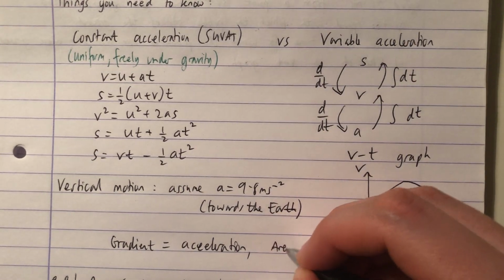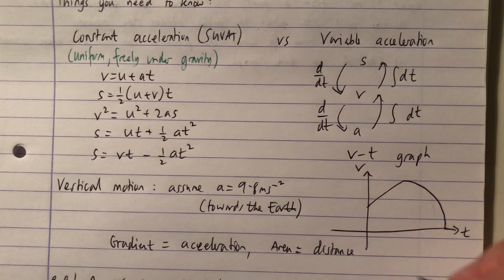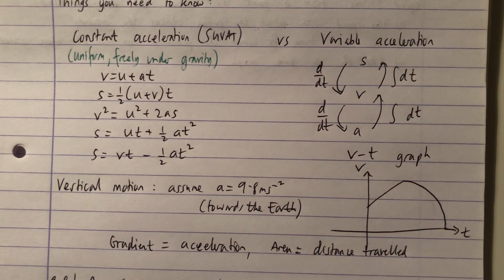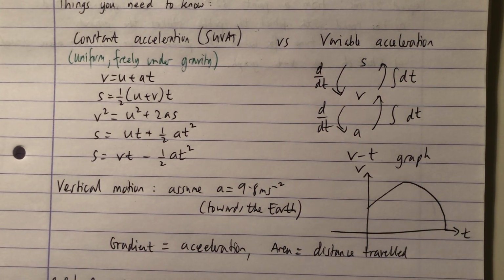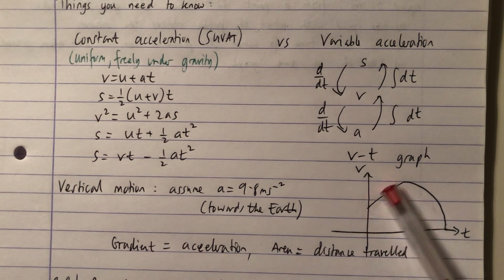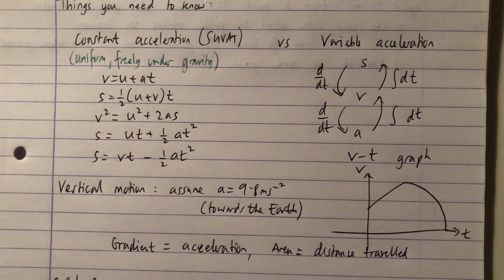And area is equal to distance travelled, or displacement if it goes below the x-axis. So gradient, straight lines means constant acceleration, curved lines means variable acceleration, but the properties of gradient and area hold whether it's constant or variable.